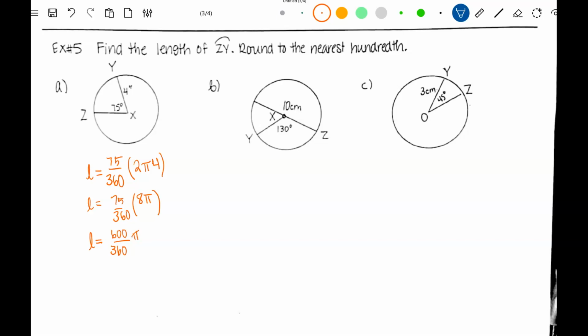So 600 times pi divided by 360 means the length is about 5.23 inches.